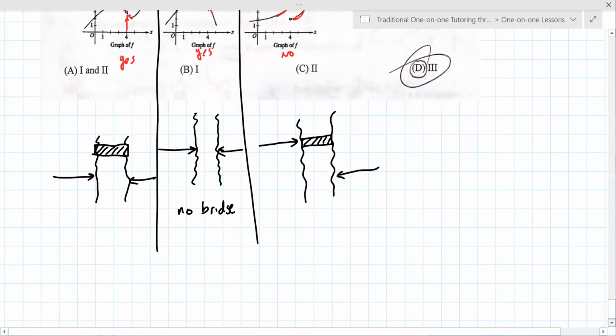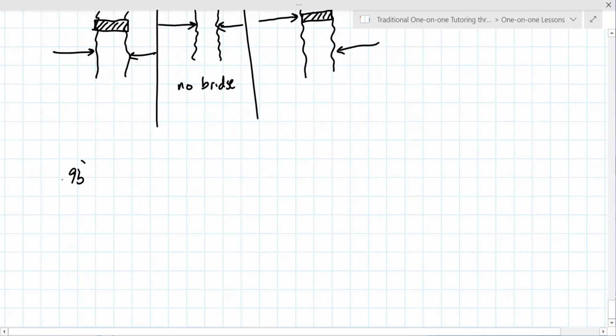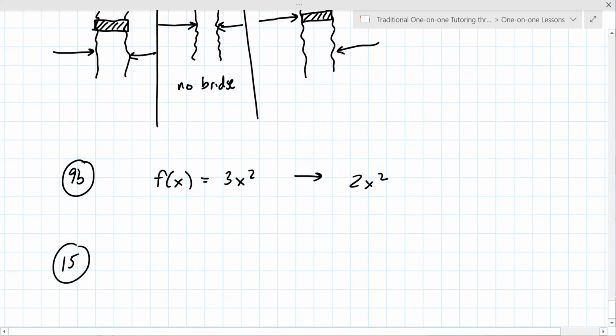In 9b, instead of f of x being 3x squared, it could be 2x squared. And 15, I think, was x squared plus 3x, so it might be x squared plus 2x. It's not going to change that much. Yeah, so just changing the numbers.